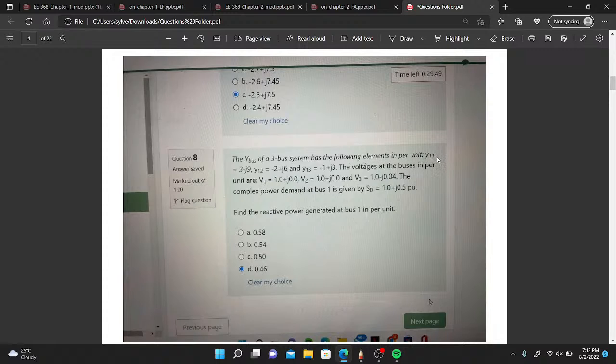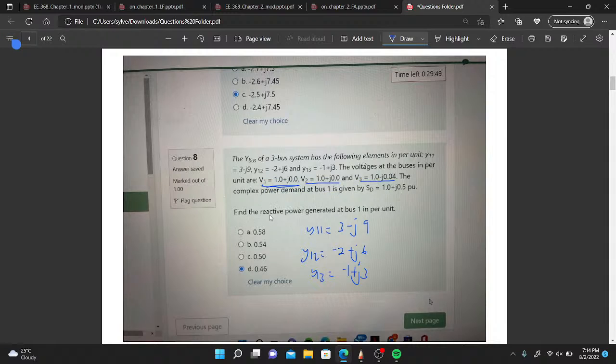Y11 is 3 minus j9. Y12 is minus 2 plus j6. Y13 is minus 1 plus j3. The voltages at the buses in per unit are V1, V2, V3.